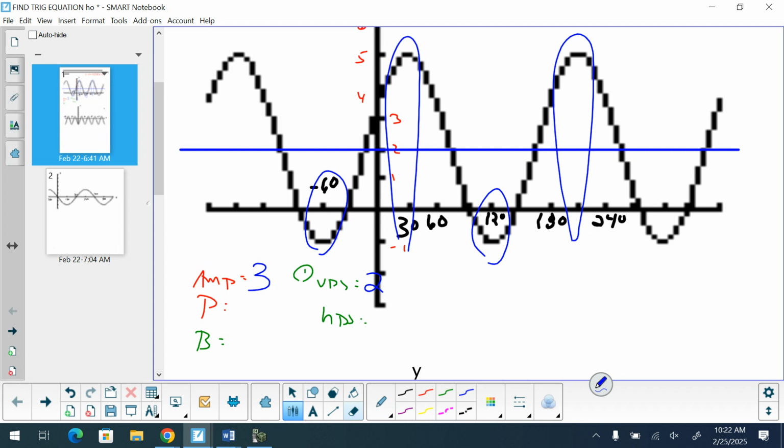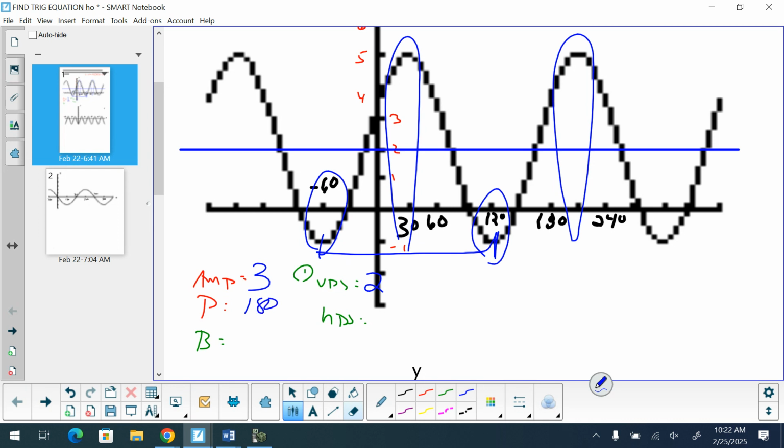The period is defined as the number of degrees from peak to peak or from valley to valley. Will I go from negative 60 to 120, or 30 to 210? Number of degrees that we have there would be what? If I go from negative 60 to 120, 180 degrees.